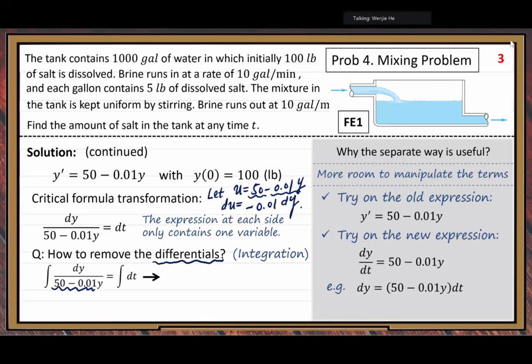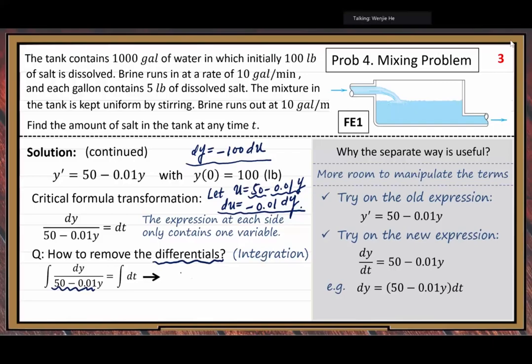So we get this relationship. But when we go back, we need to use dy representation. dy equals 1 over negative 0.01, so that is 100, right? 100 du. So that's when we go back, we can use this expression.